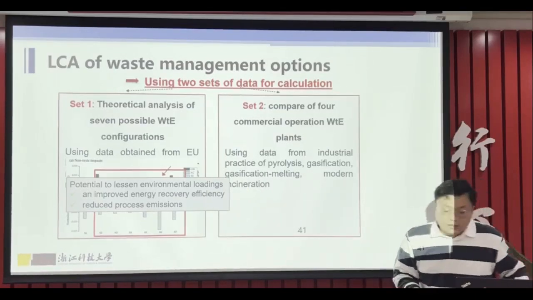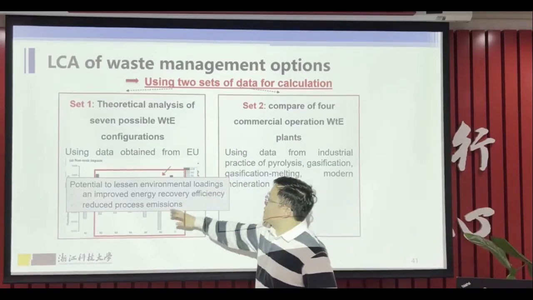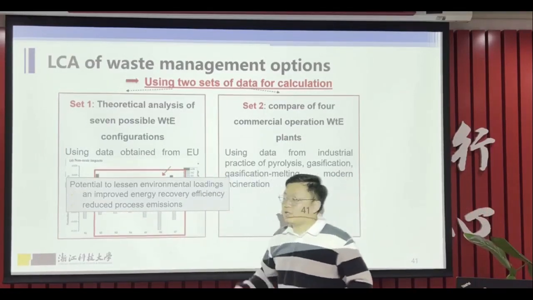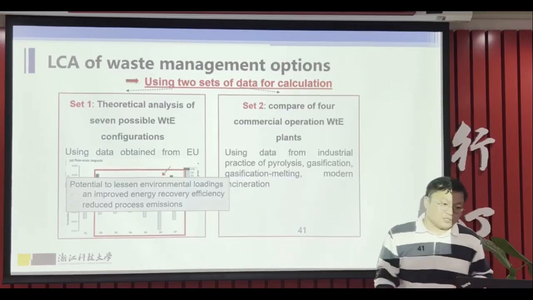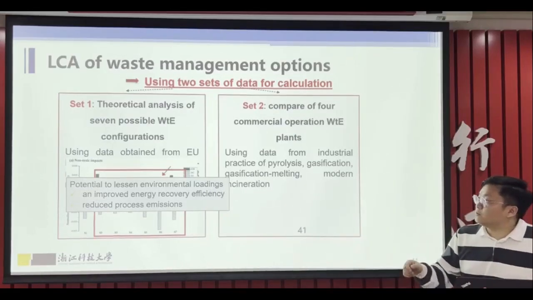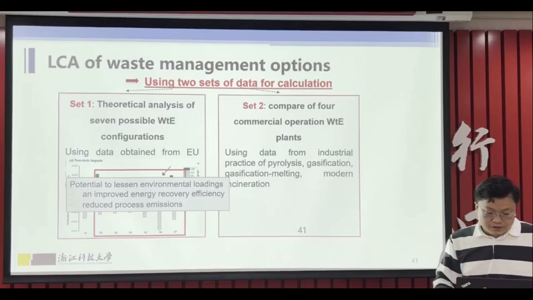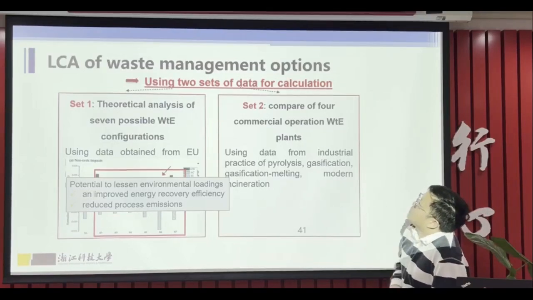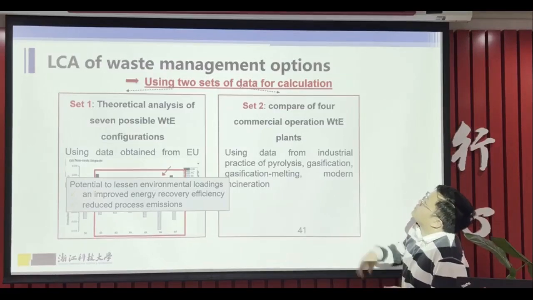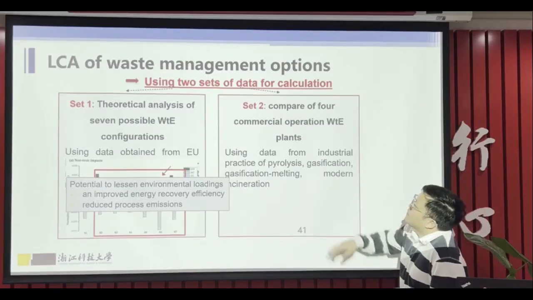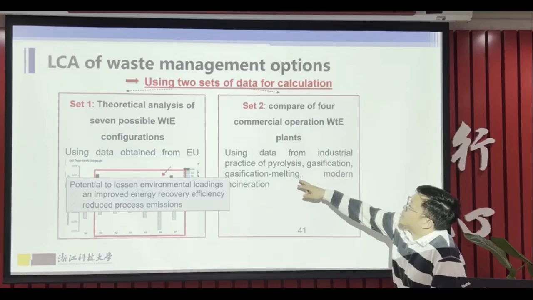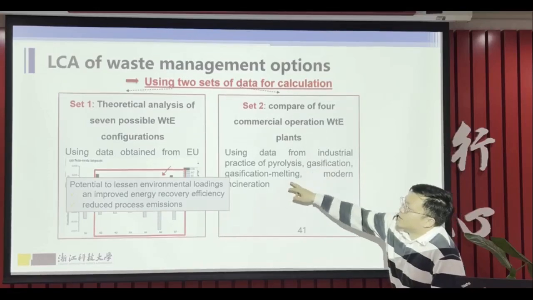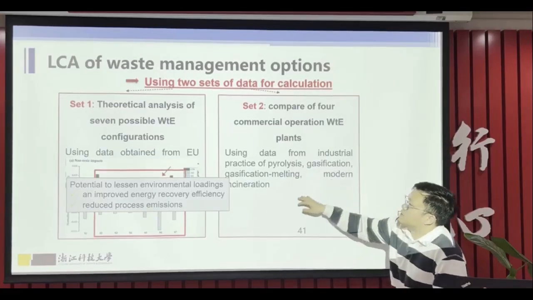And the second way is to reduce the process emissions. The lower the process emissions, the lower the environmental loading. And set 2 compares some commercial operating WTE plants using data from industrial practice of pyrolysis, gasification, melting, and modern incineration plants.